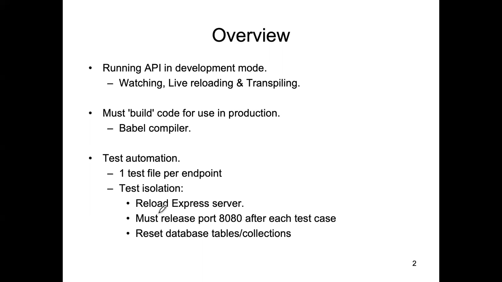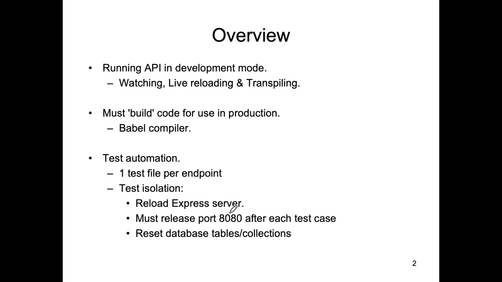But the main upshot of the fact that our API is now going to be communicating with an external service, i.e. a database, is that between each test case, we actually have to release port 8080 so that when the Express server restarts for the next test case, we make sure that port 8080 is available.